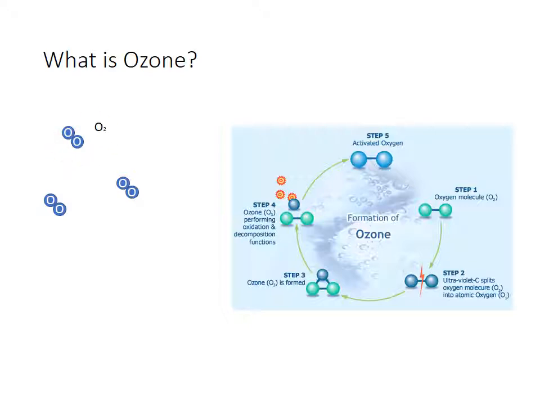And when that oxygen molecule is hit with sunlight, the energy from that sunlight can break apart the oxygen molecule so that one oxygen atom separates, and that oxygen atom can then attach itself to an oxygen molecule.